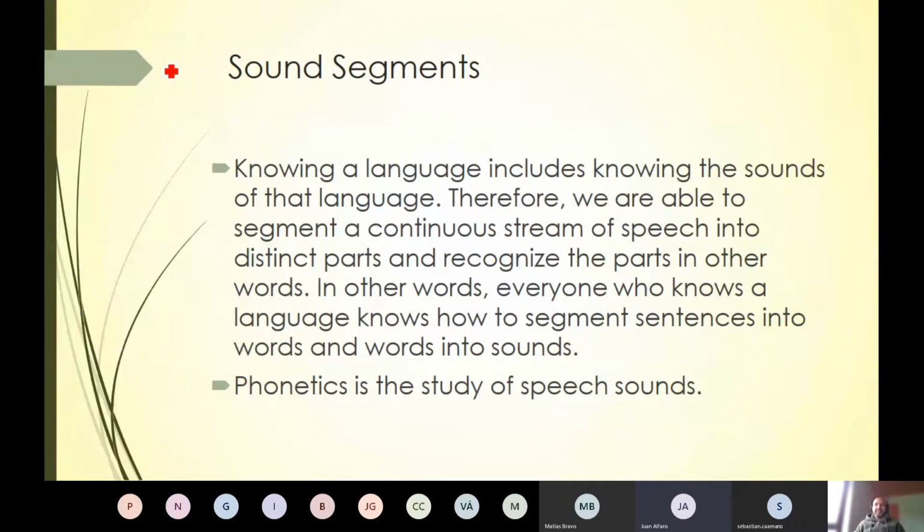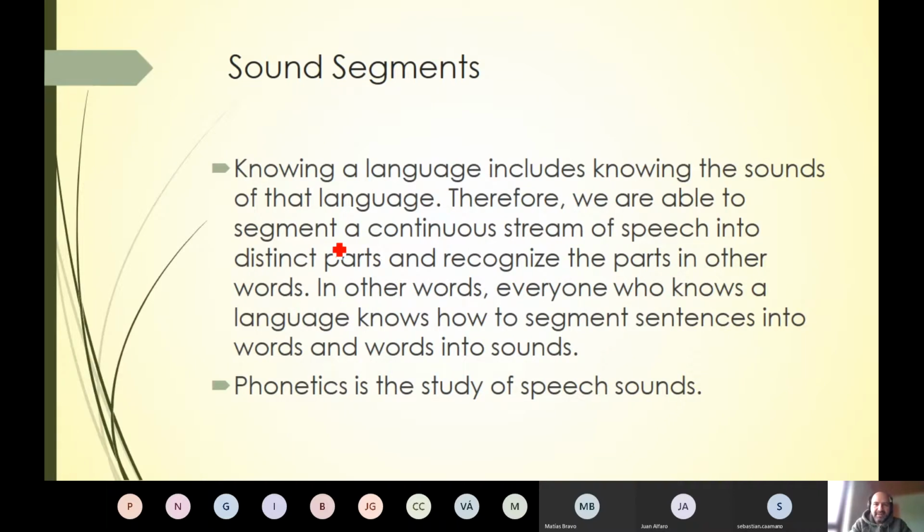Perfect. So sound segmentation is a skill that is taught to students at a very early age in English-speaking countries to teach them how to read, right? How to read. Sound segments or how to segment, right?